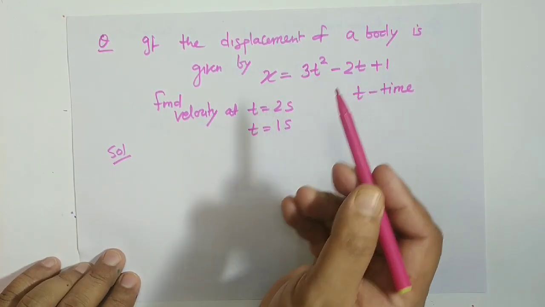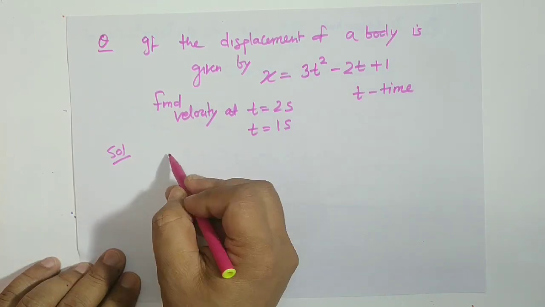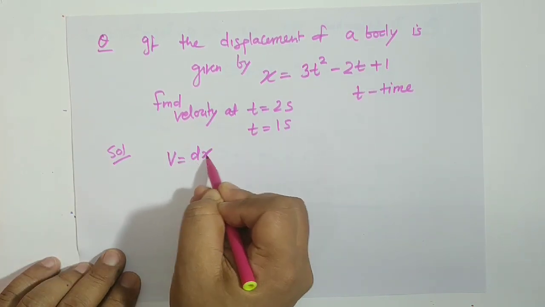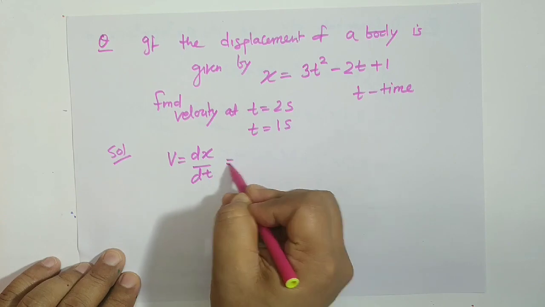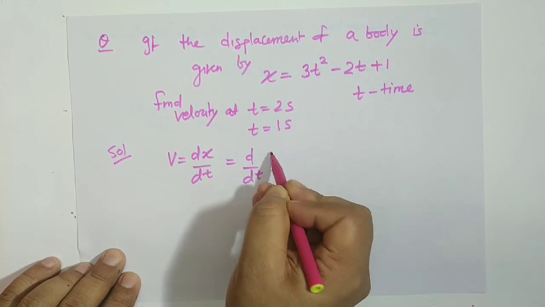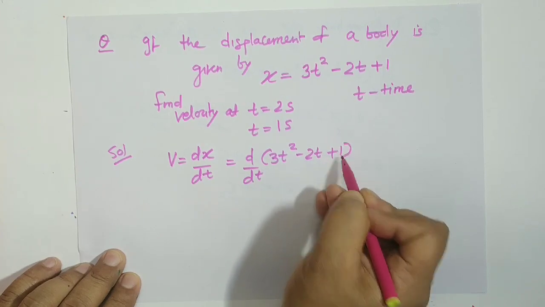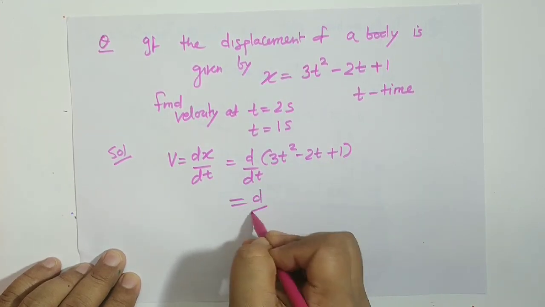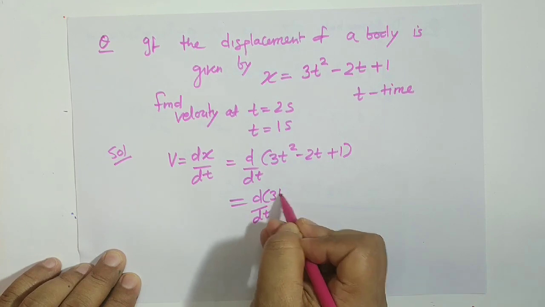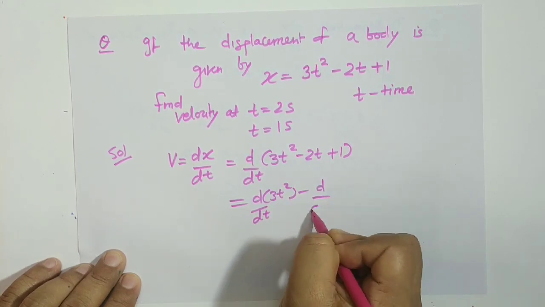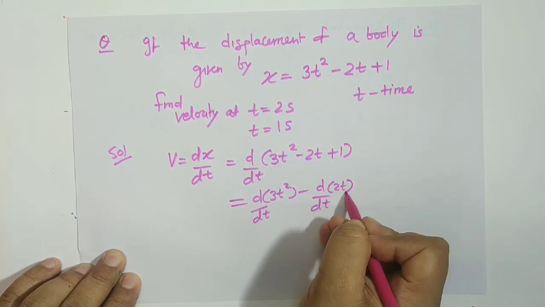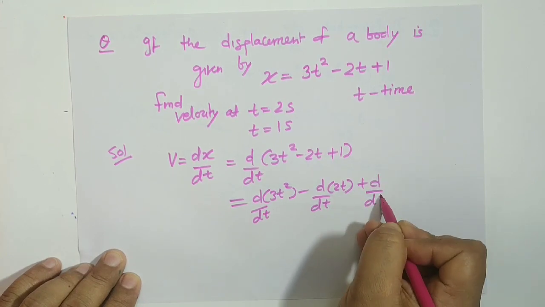Now this is where we have to use it, and we all know what the velocity is. It is dx by dt. So dx by dt of x, we are going to do. What is x? Put it here like this, and then you open it, dx by dt, I think all of you know, of 3t square minus dx by dt of 2t plus dx by dt of what? 1.